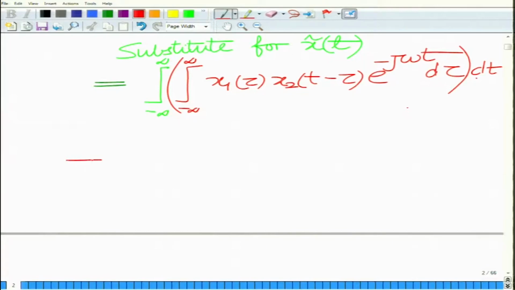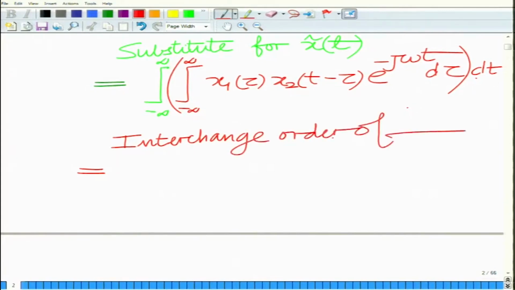Now we interchange the order of integration. If you interchange the order of integration, the outer integral will become with respect to tau, and x1 tau does not depend on t.